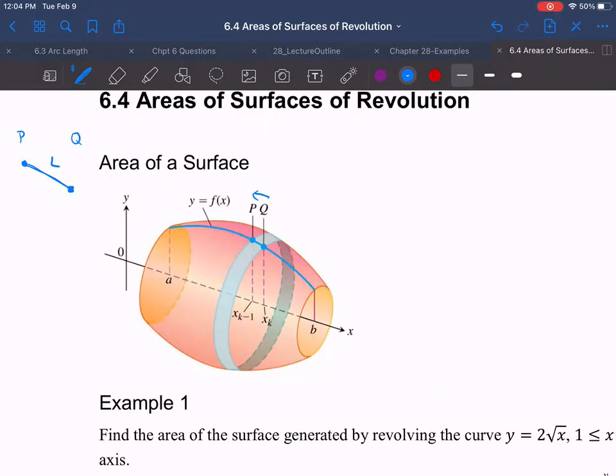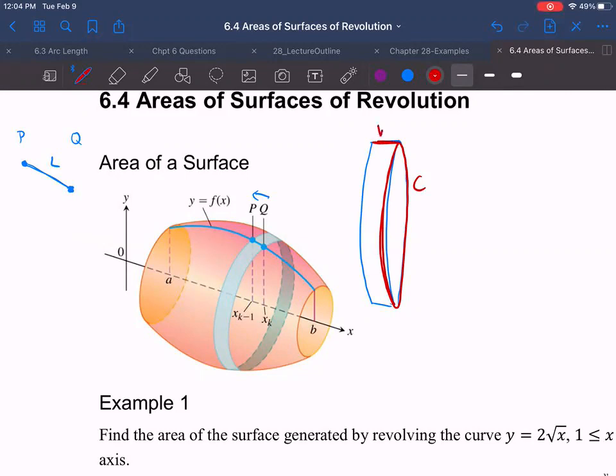And so if we have some sort of a ring like this, and we want the surface area of the outer part of the ring, we need the circumference, right? This would be the circumference here. We need that circumference, and then we need this width here. So we need circumference times, I don't know, width or depth or something like that, right?